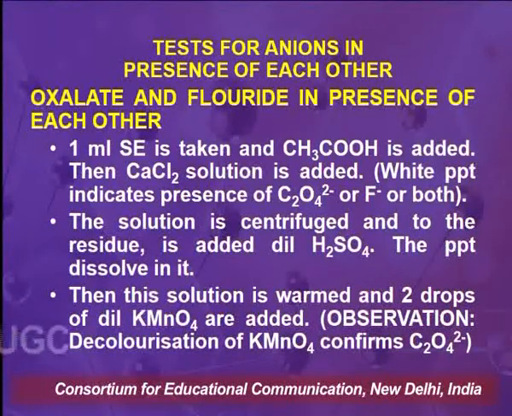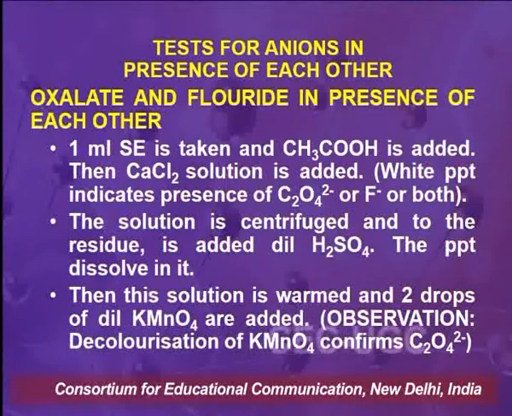After that, calcium chloride solution is added. Upon adding calcium chloride solution, a white precipitate is obtained, which indicates the presence of oxalate or fluoride or both oxalate and fluoride ions. So, how to distinguish whether the precipitates are of oxalate or of fluoride?